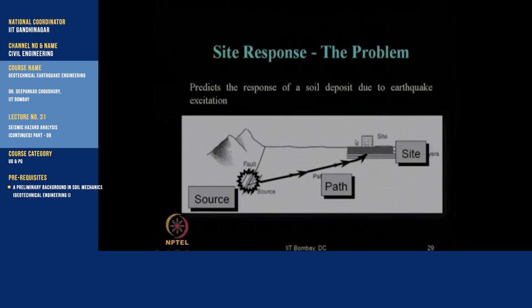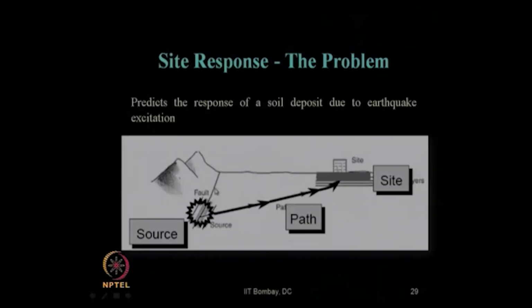In site response analysis, we need to find out how much change will occur from the source to the site in the acceleration, the acceleration time history, or any other dynamic information we should know for doing the earthquake analysis. That is nothing but taking care of the local site response analysis.